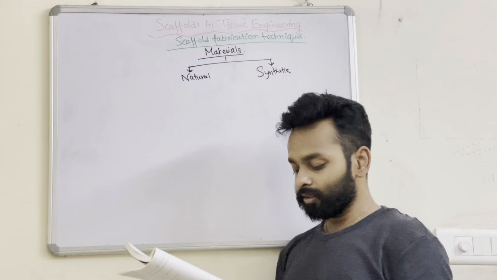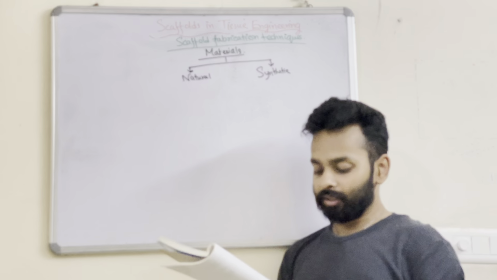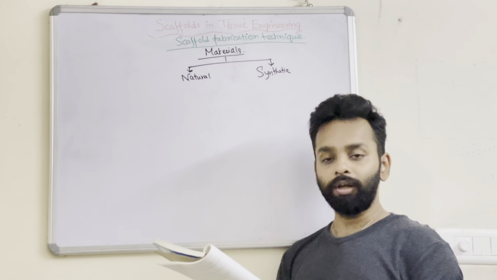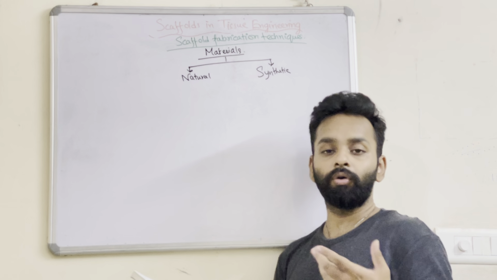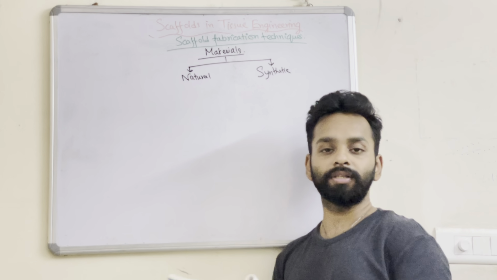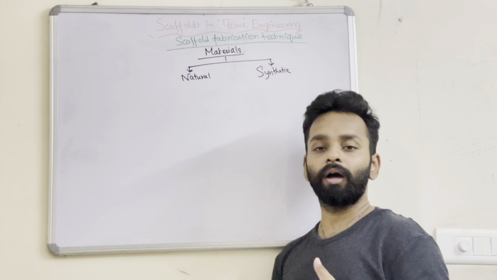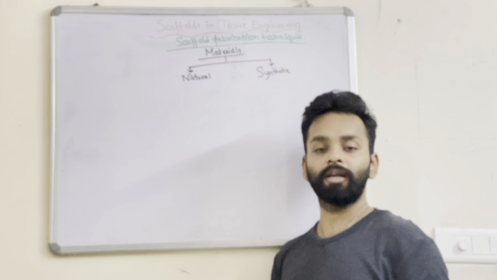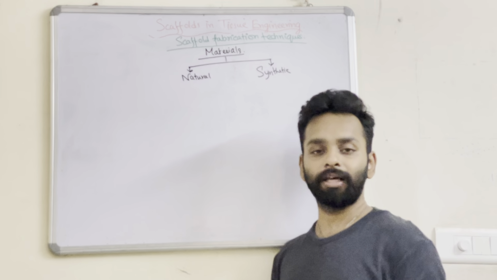Now the natural polymers which are used for making these scaffolds include the components of, or the whole, extracellular matrix which is obtained from allogenic or xenogenic sources. So on a whole, the extracellular matrix can be used to fabricate natural types of scaffolds.